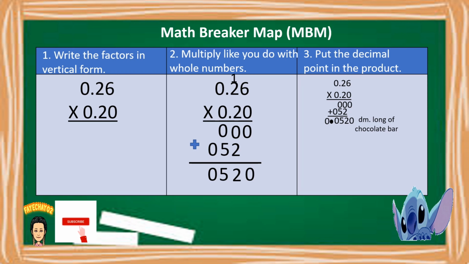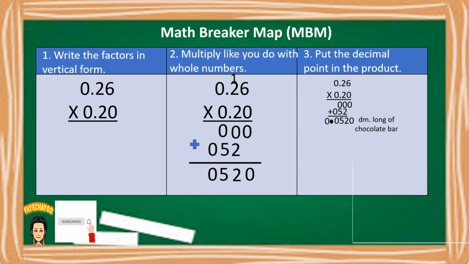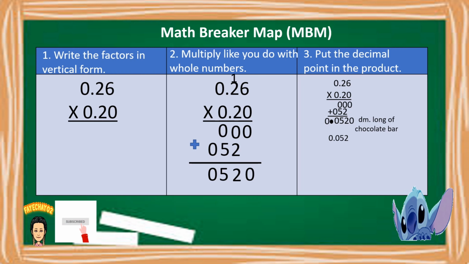So, the answer is 0.0520 decimeter long of chocolate bar, or we can say that 0.052 decimeter long of chocolate bar.